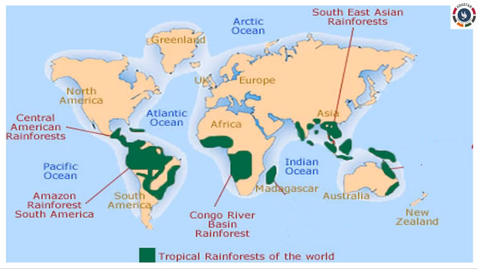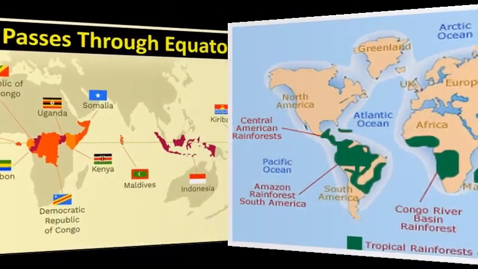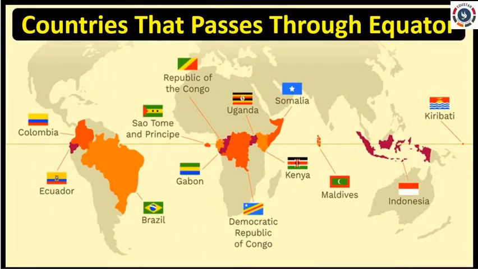So in this map you can see some of the equatorial regions of the world. Here you can see Caribbean rainforest, Amazon rainforest, Congo rainforest, Southeast Asian rainforest and peninsular India. The equatorial region is spread across almost all the continents.